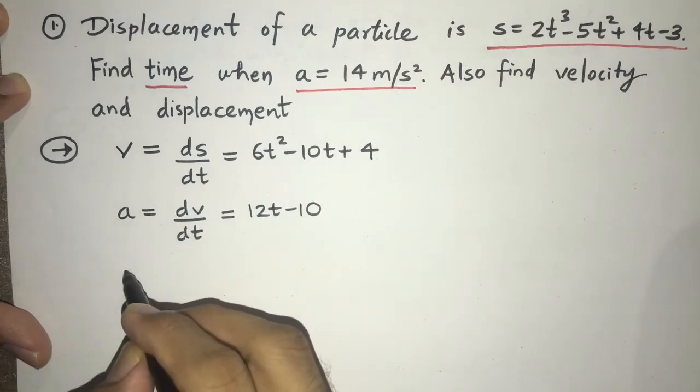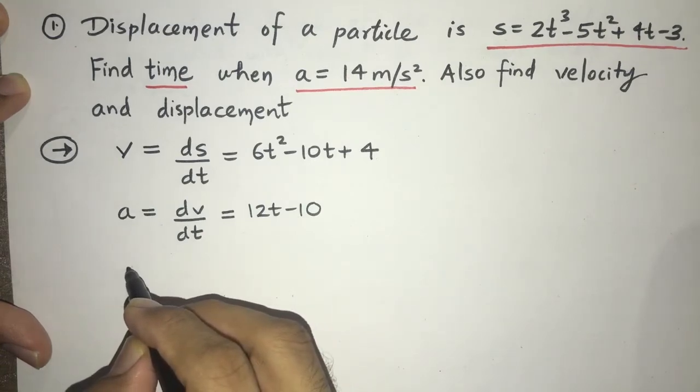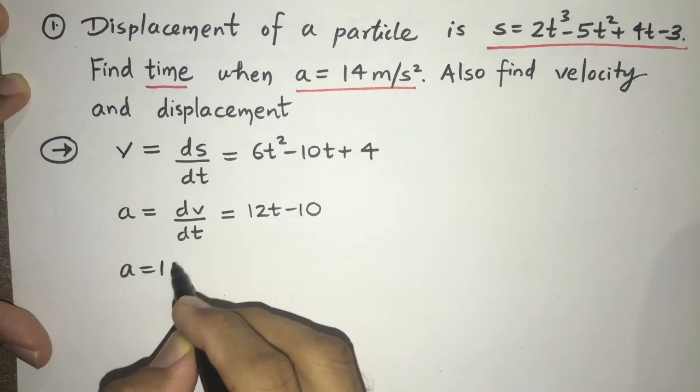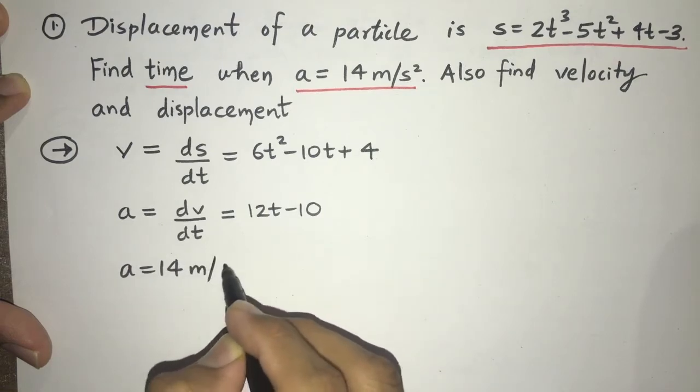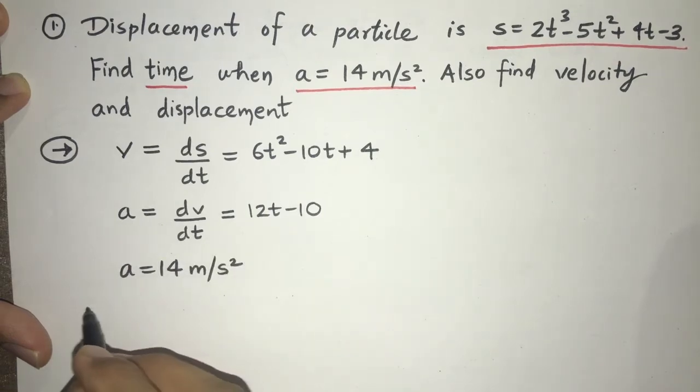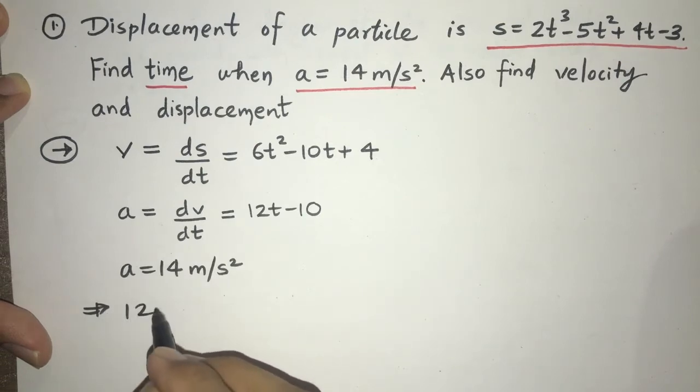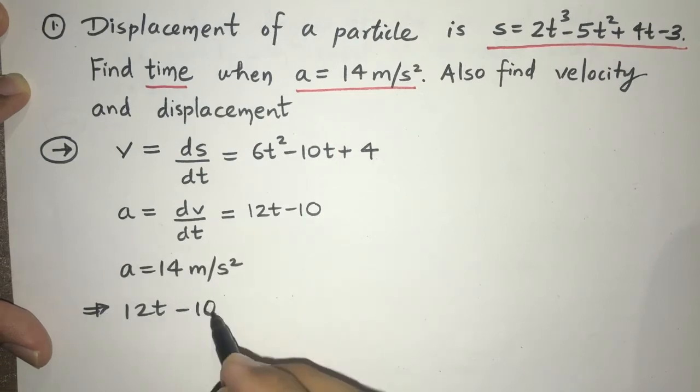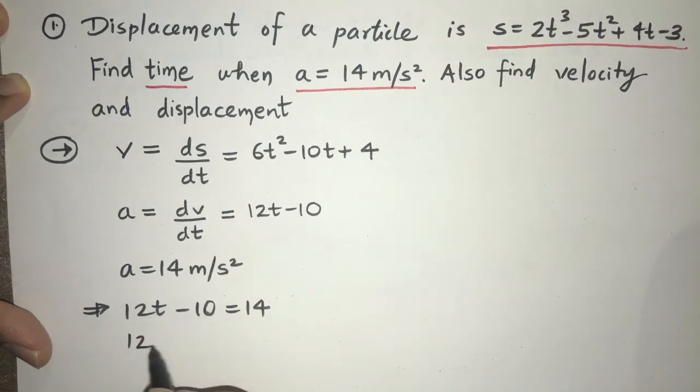Now what we want is the instant when acceleration is 14 meter per second square. So that implies we have 12t minus 10 equal to 14, right? We have 12t as 24.